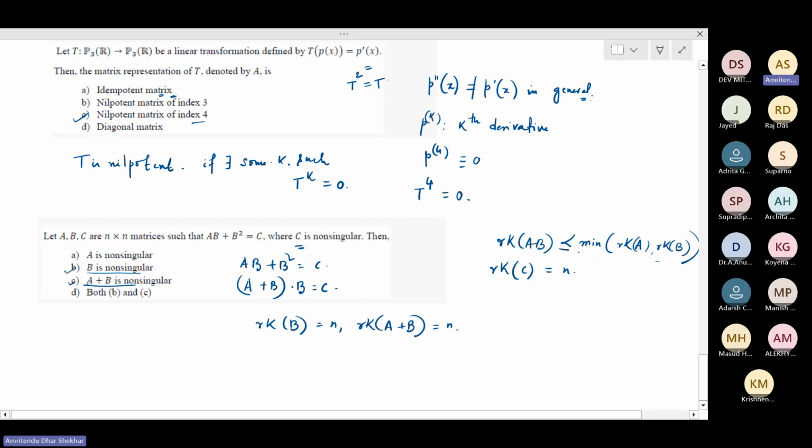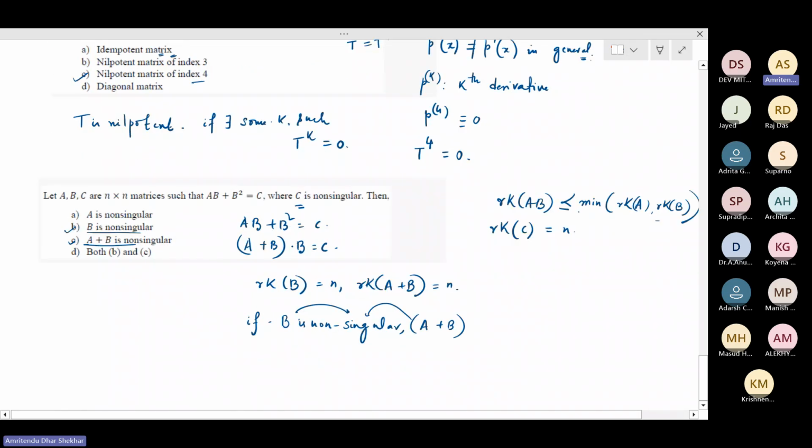Now, the question is, if B is non-singular, and also A plus B, so both A plus B and B are non-singular, then is it true that A is also non-singular?